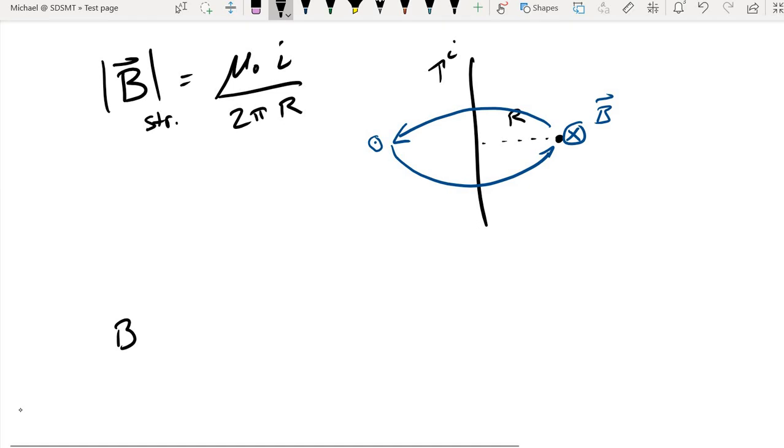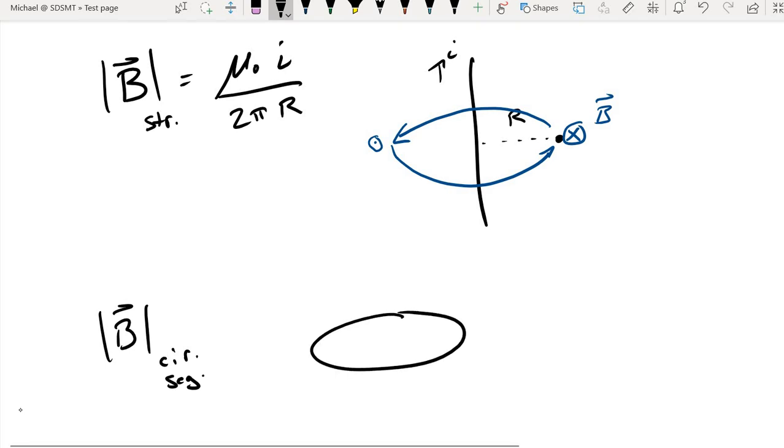We also had the magnitude of magnetic field that is produced in the center of a loop of wire, which is carrying current. And that magnetic field will pass through the center of the circular loop, which also has radius of r.